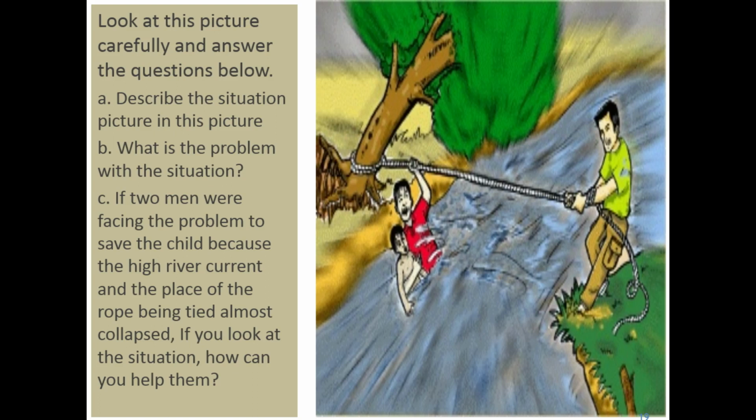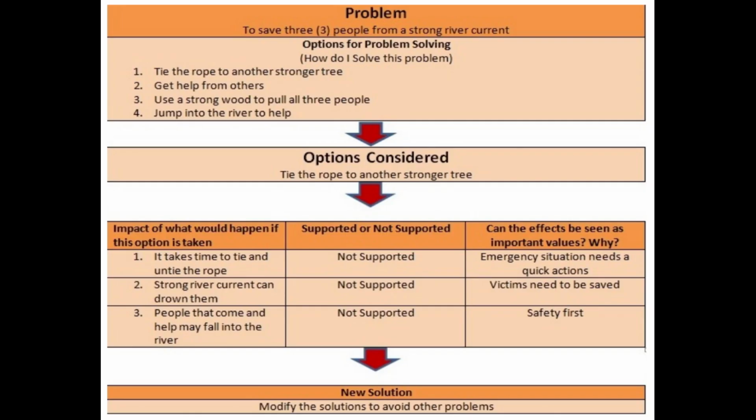Okay, next, this is the table that shows how the problem can be solved. So just like decision making, problem solving also has steps on how to solve the problem. Table number one shows the problem.